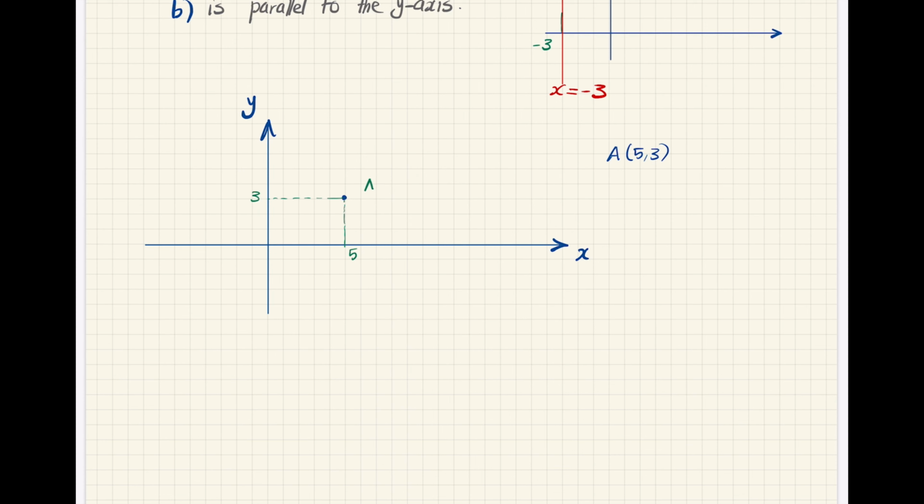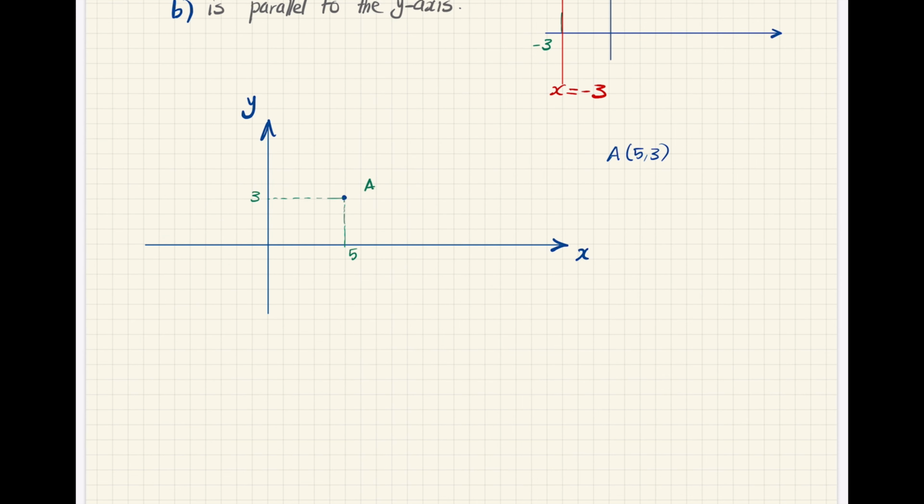Now I want to ask you the same question. Write an equation for the line that passes through the point A and intersects the x-axis with 45 degrees. For example, you immediately see that this line is not acceptable because this angle is very small. It's smaller than 45.